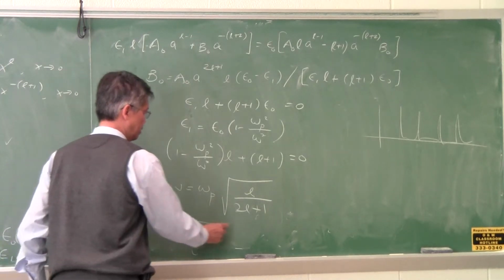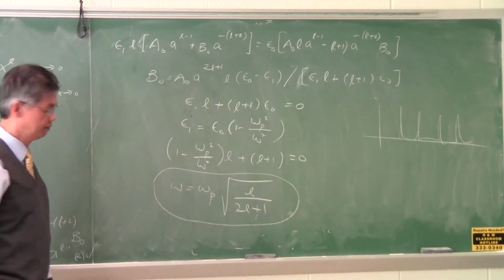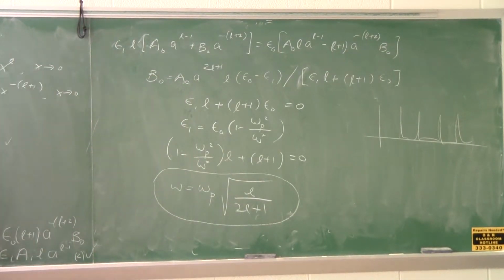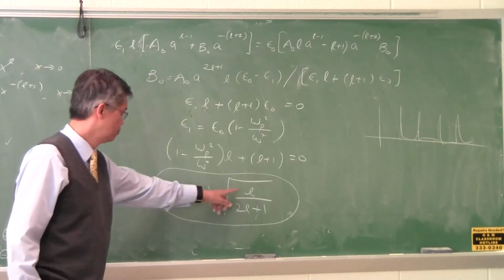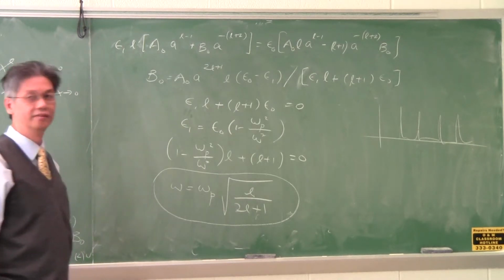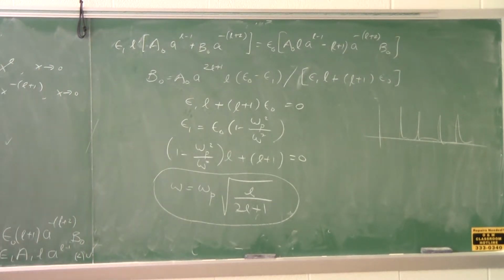This is a very nice formula. For the case of a dipole, it would be 1/3, right? And you see a whole bunch of resonance frequencies. Even in the long wavelength limit, even when the wavelength is much longer than the size of the particles, you will still see these other resonances.